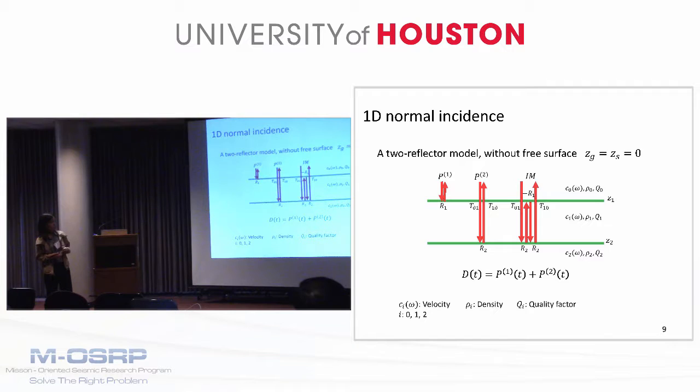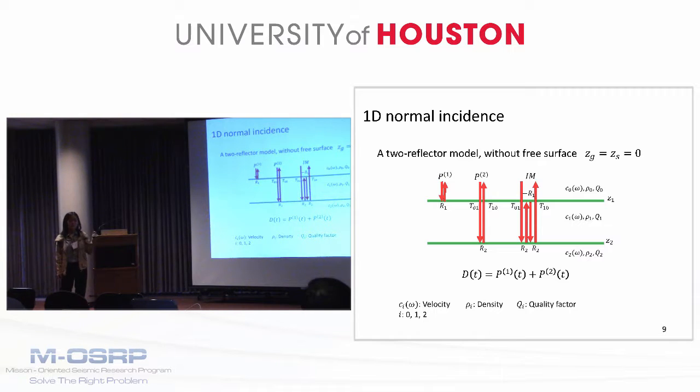We have a two-reflector model here, and you have velocity c, density rho, and quality factor Q for each layer. The velocity here is frequency dependent, so it has already incorporated the influence of absorption and dispersion. Now, in this model, you will have two primary events and one first-order internal multiple event. R here is the reflection coefficient, and T here is the transmission coefficient.